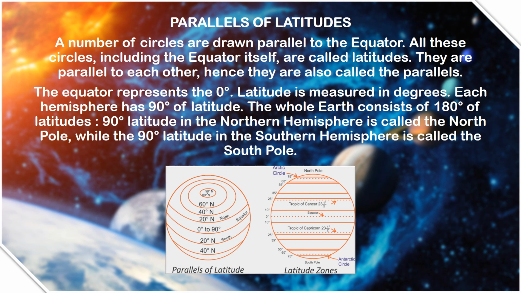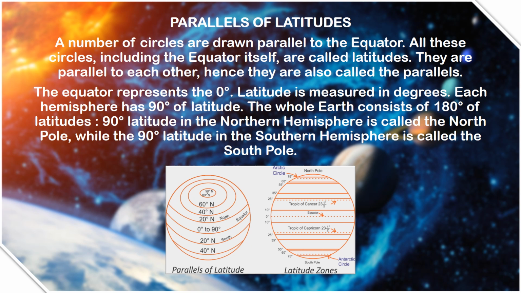Parallels of latitudes. A number of circles are drawn parallel to the equator. All these circles, including the equator itself, are called latitudes. They are parallel to each other. Hence, they are also called the parallels. The equator represents the 0 degrees.